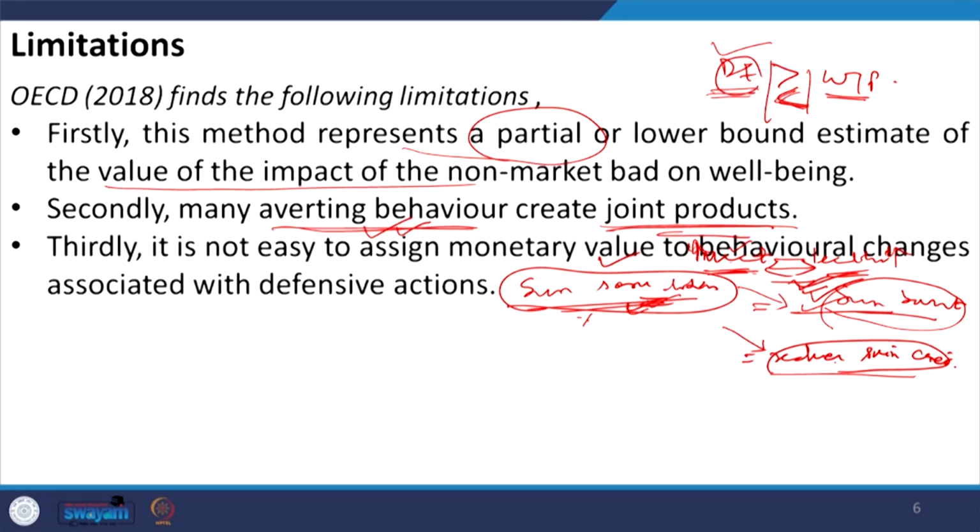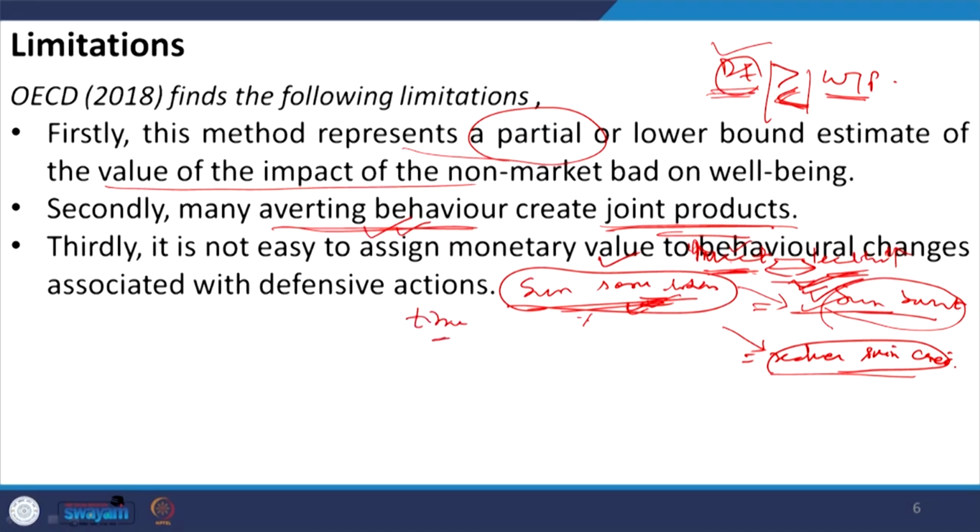And thirdly, you can say that it is not easy to assign the monetary value to the behavioral changes that are associated with your defensive actions. So, it is very difficult to actually assign the monetary value always. Let us say the case of time.